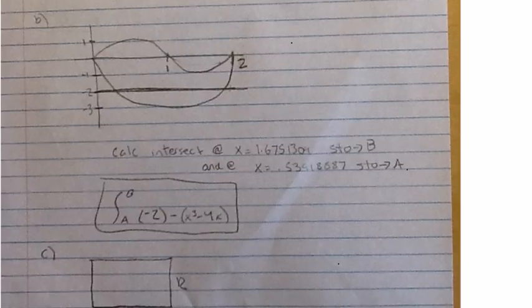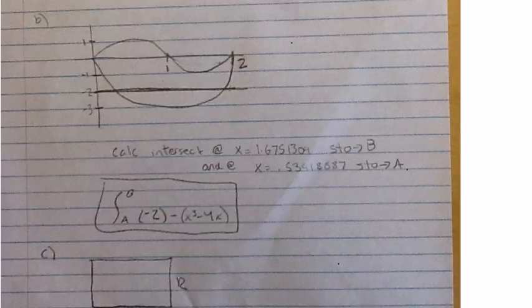So when we find the intersection points of y equals -2 and x cubed minus 4x, we get x equals 1.675139 and x equals 0.539188887. So we can store B and A for the second intersection and the first intersection.